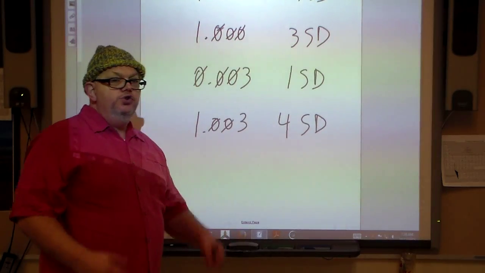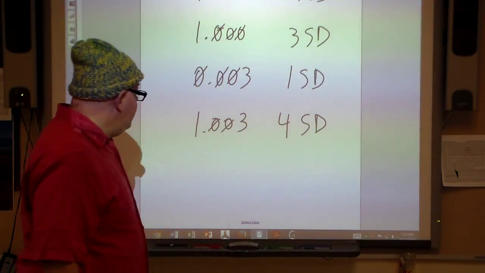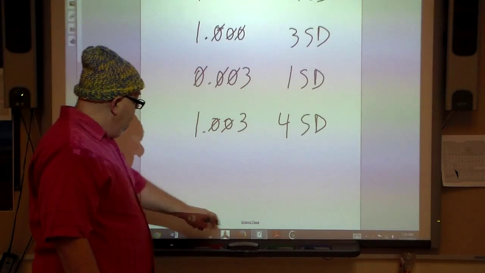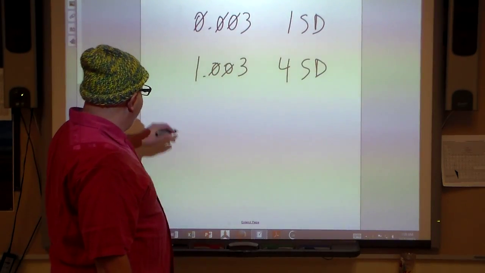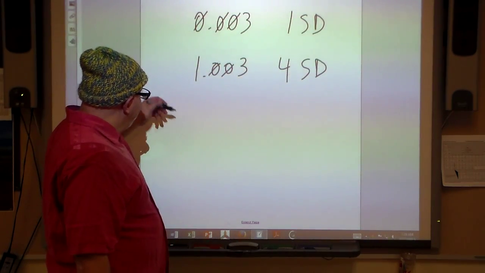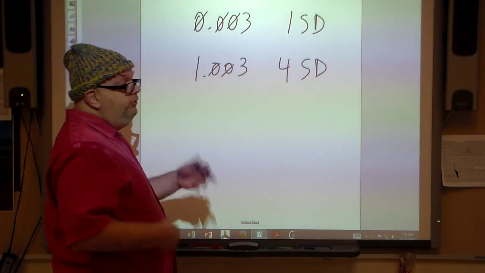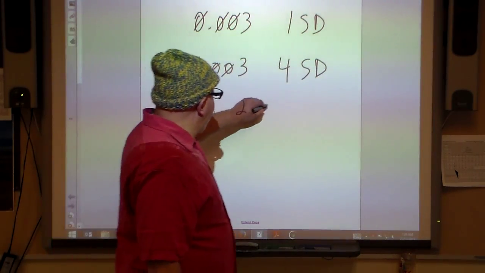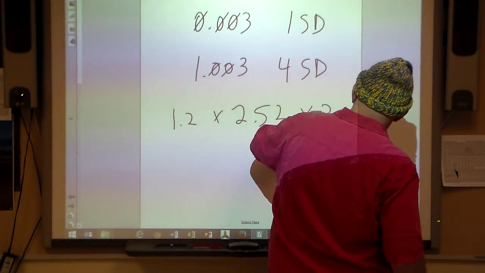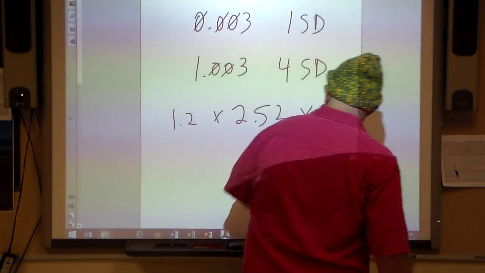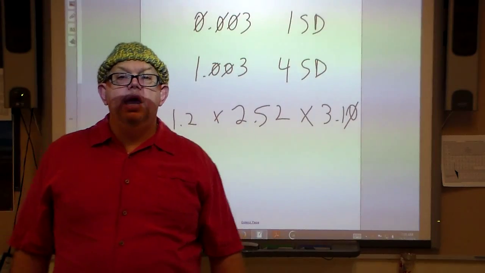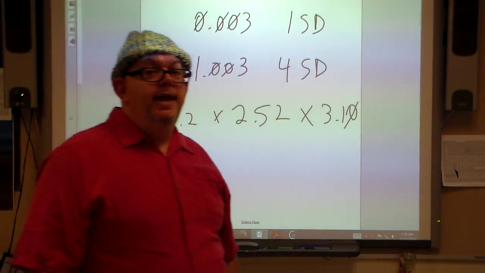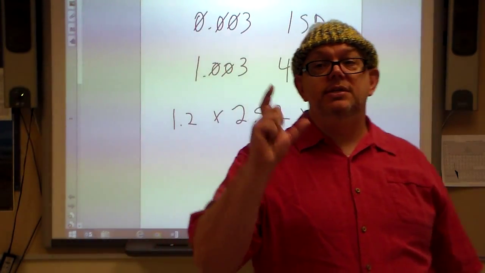Okay? So when you're doing your measurements, let's say you're doing calculations, as we extend this about significant figures, if I'm multiplying, I got 1.2 times 2.52 times 3.10. When I do my multiplication, here's the thing. It's not the number of significant digits.